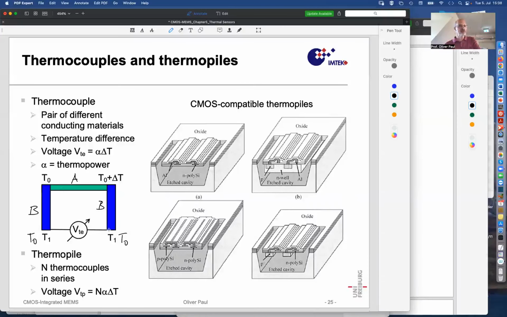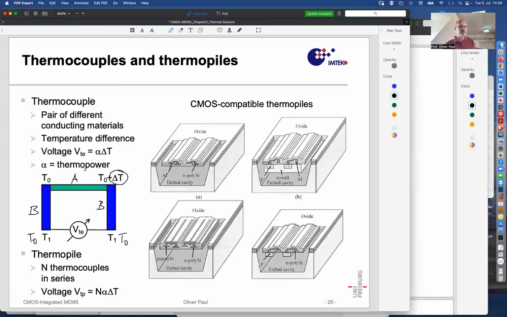And if such a situation is occurring, then we are able to measure a thermoelectric voltage at the output. And that thermoelectric voltage is equal to this temperature difference, common to A and B, times the relative thermal power, the relative Seebeck coefficient, which is tabulated.